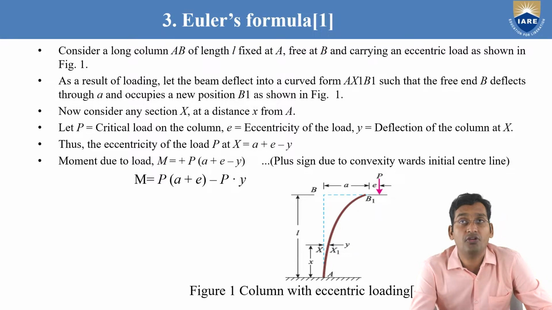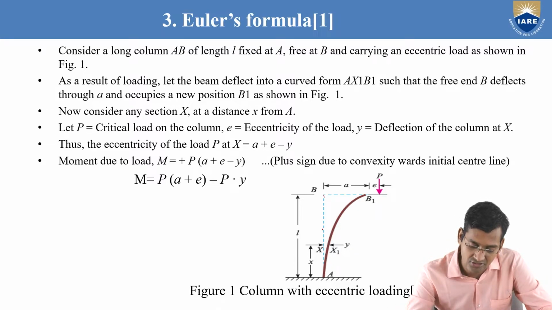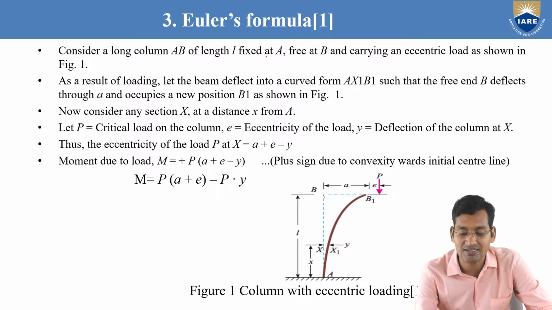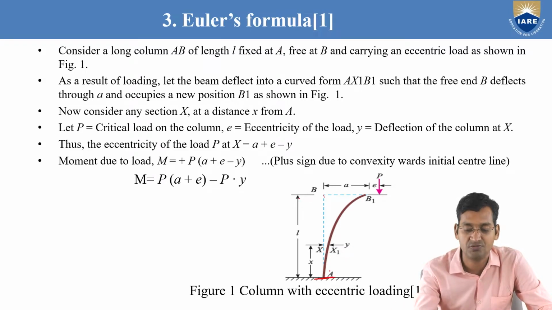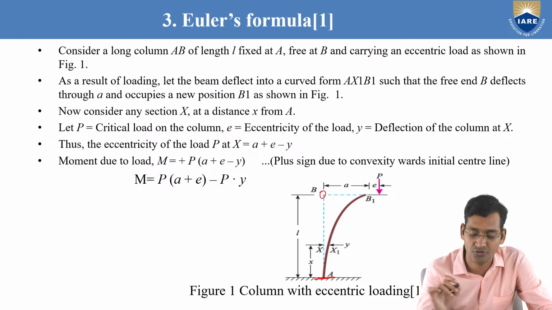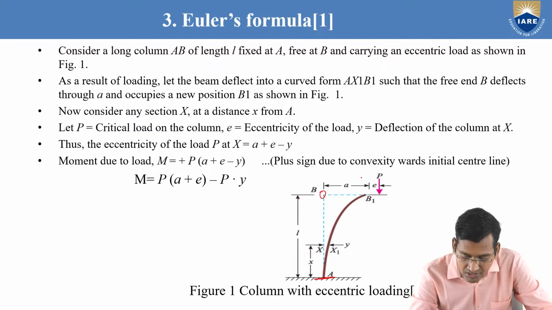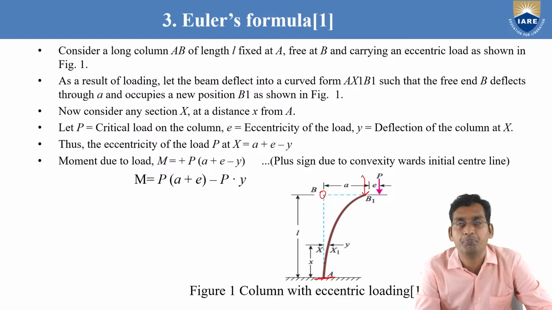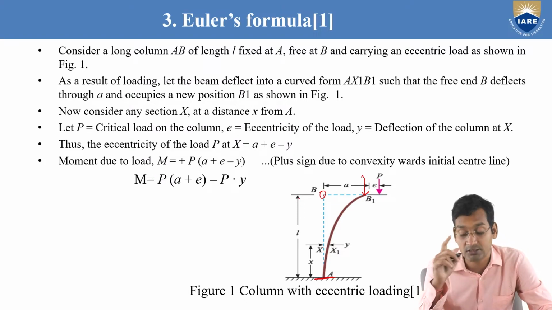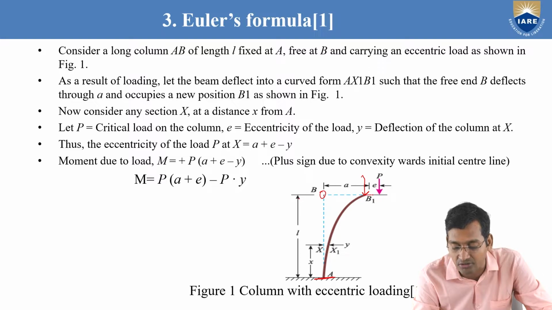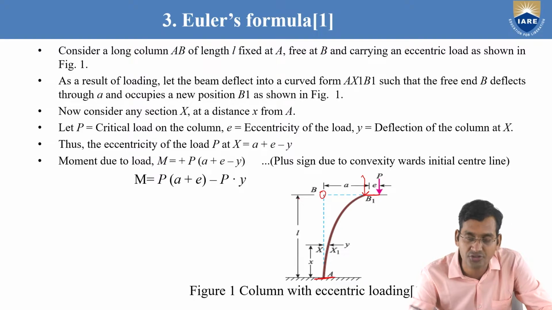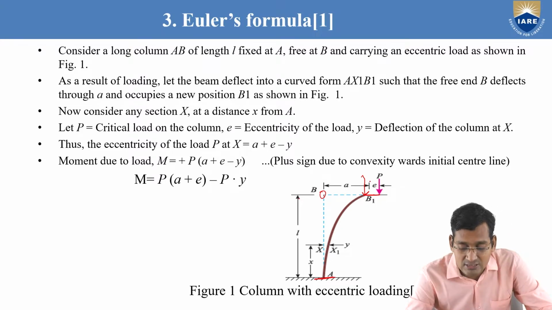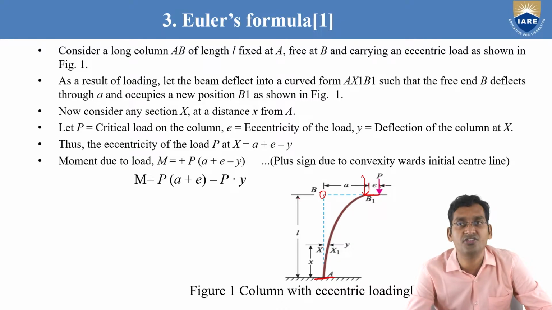Consider a long column AB of length L. This AB is the initial column having length L, fixed at A and free at B, and carrying an eccentric load as shown in the figure. Actually the load should act here at the beam, but eccentric load means the load is acting at some distance. Suppose some plate is connected here, and on that you are applying the load instead. That distance is called the eccentricity.